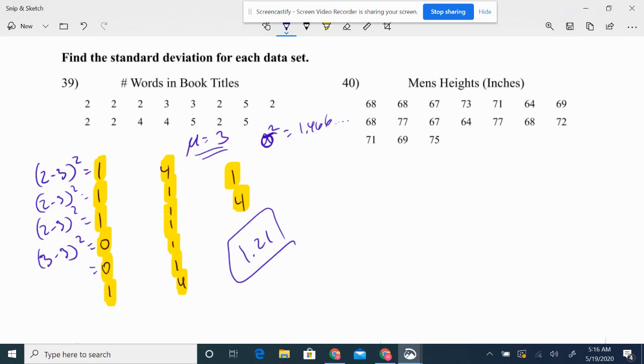Okay, so let's take a look at question number 40. Let me add my numbers.